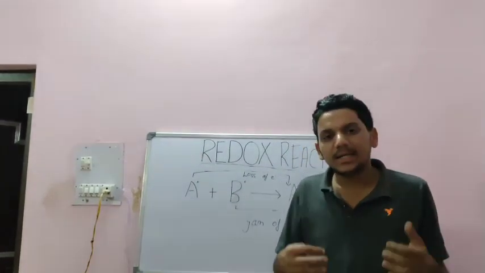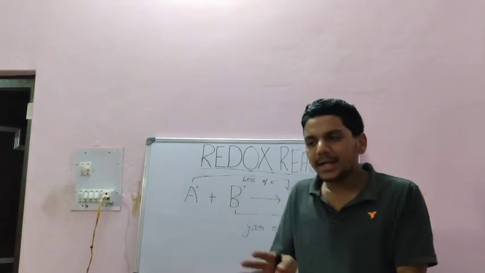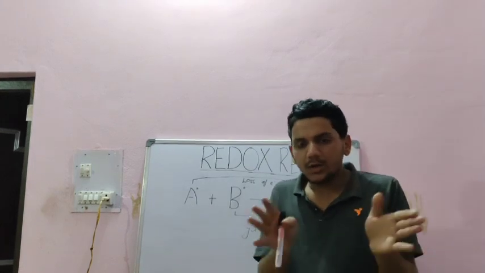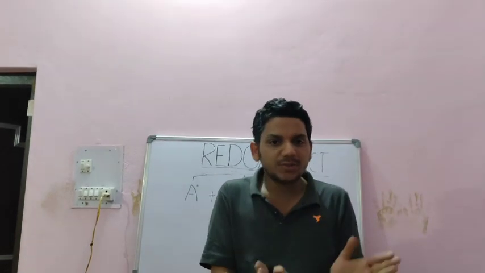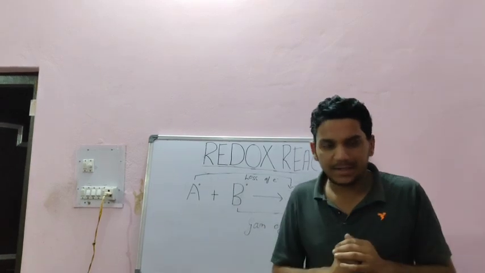On the other hand, reduction means addition of hydrogen and removal of oxygen. Both are counter to each other. In one, oxygen is entering and in the other, hydrogen is entering.